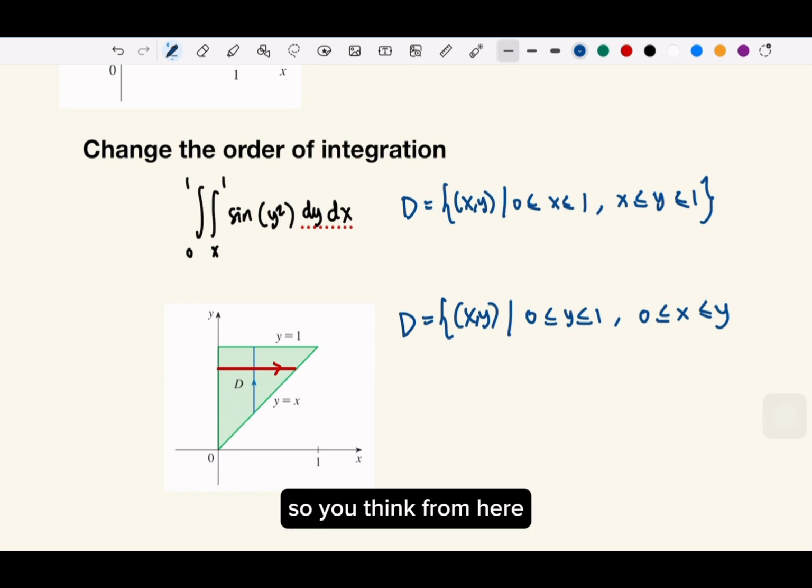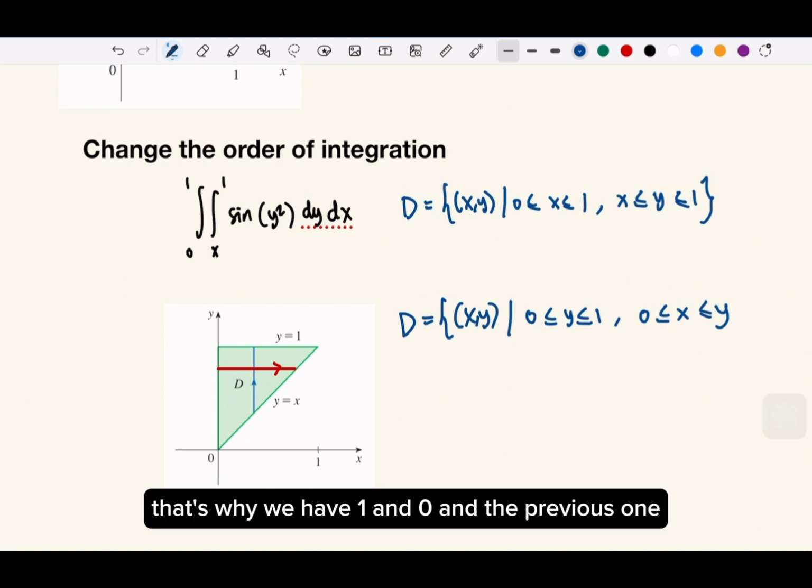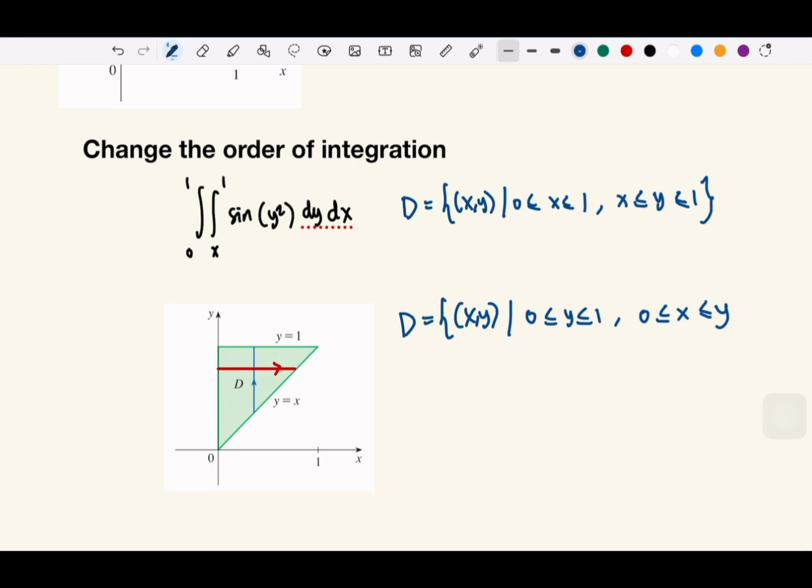So we think from here and we move to the right for the x. And if we look at the functions, it's always going to be the top. This is the bottom, right? It's the same as we look like this. Do you see? So this is the top, this is the bottom. That's why we have 1 and then 0. And in the previous one, this is the top, this is the bottom.